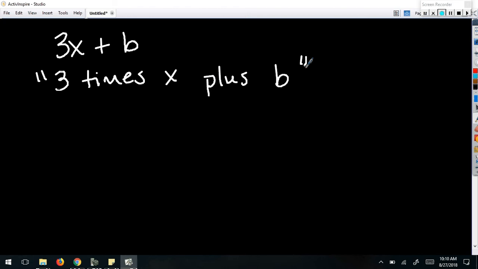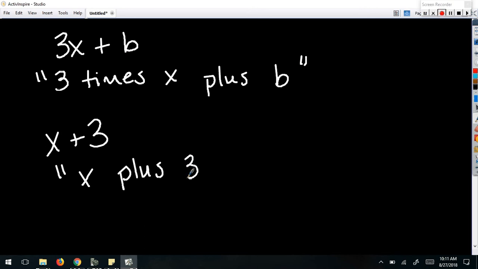Give me another example of an algebraic expression. X plus 3. That is an algebraic expression. It literally means x plus 3.